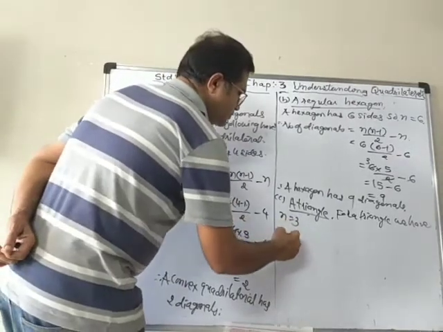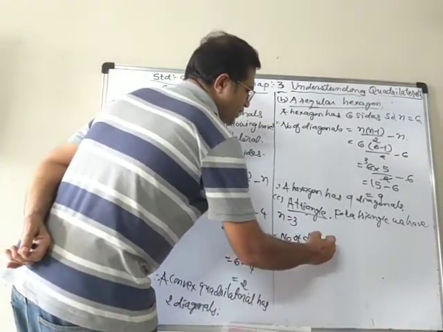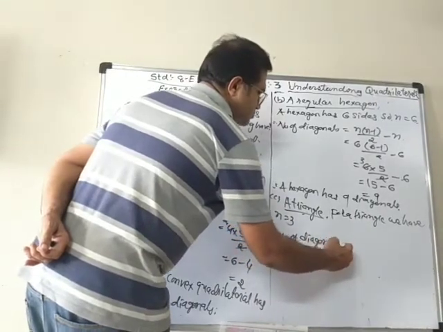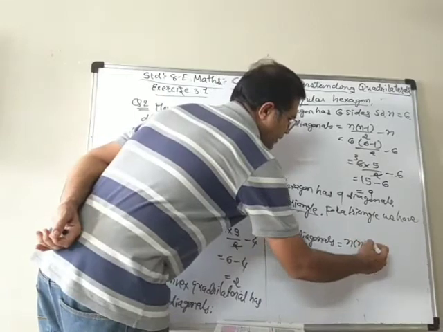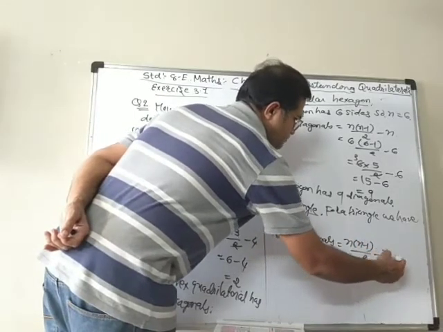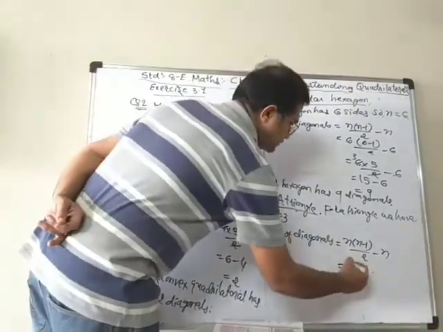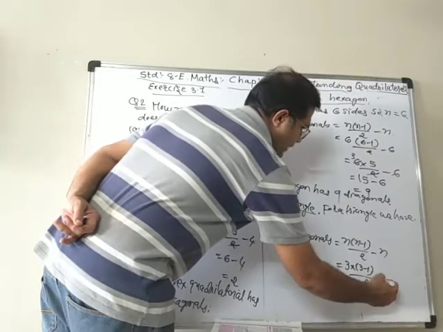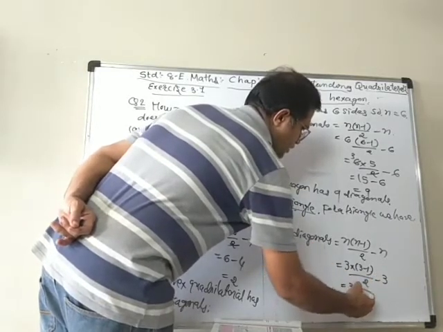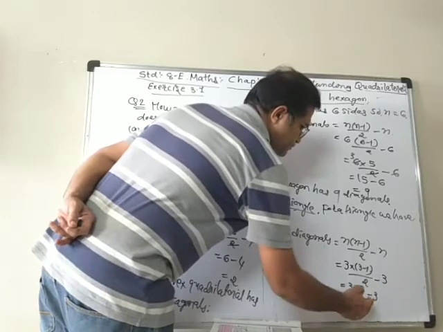So now, number of diagonals is equal to n(n minus 1) upon 2 minus n. So you have 3 multiplied by 3 minus 1 by 2 minus 3, is equal to 3 into 2 by 2 minus 3.